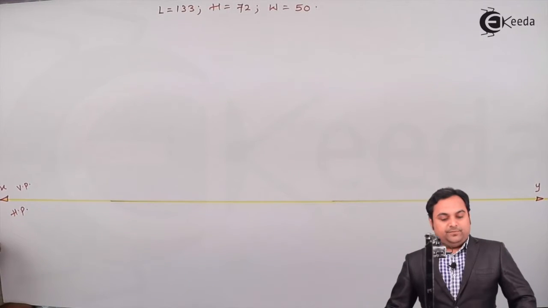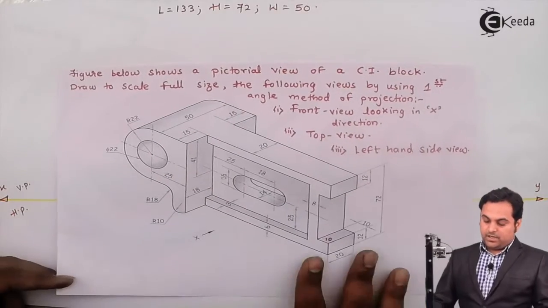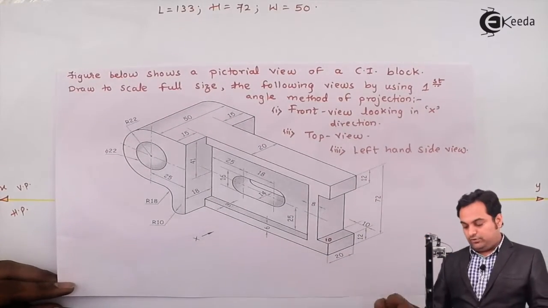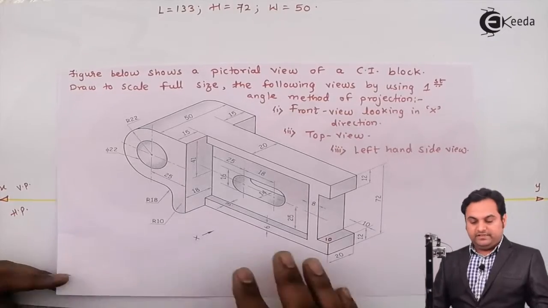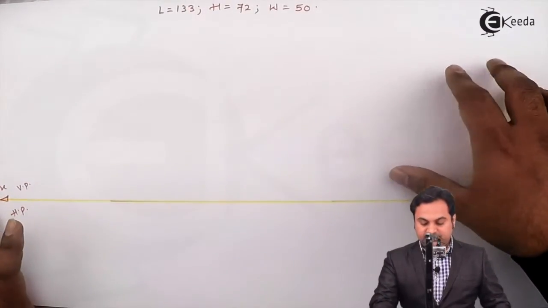Now front view is in VP by using first angle method of projection as mentioned in the question. Now we have to draw the left hand side view, means by first angle we are going to look on left side and draw it on right hand side. So side view will be here and front view will be on right side.